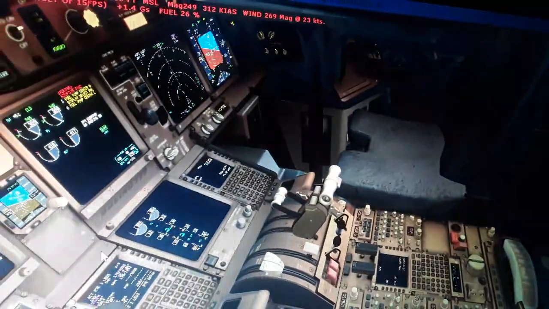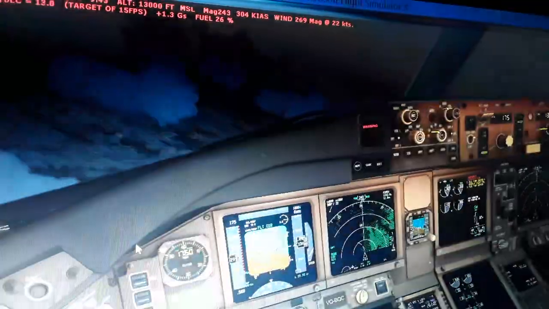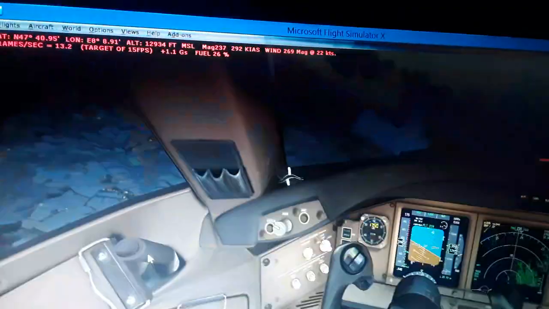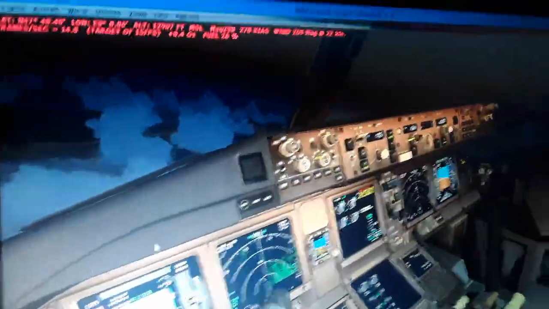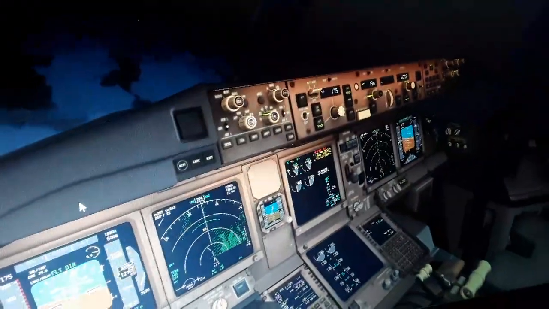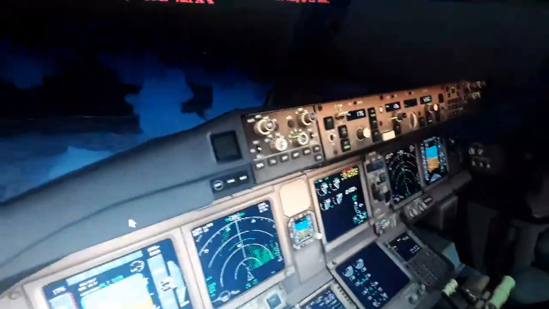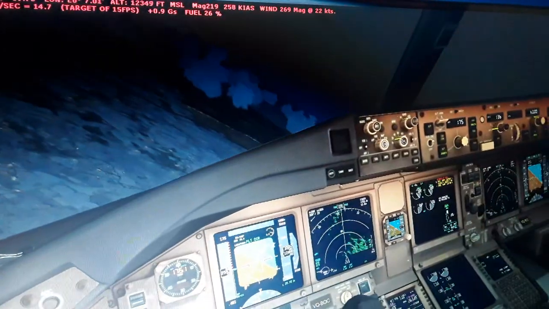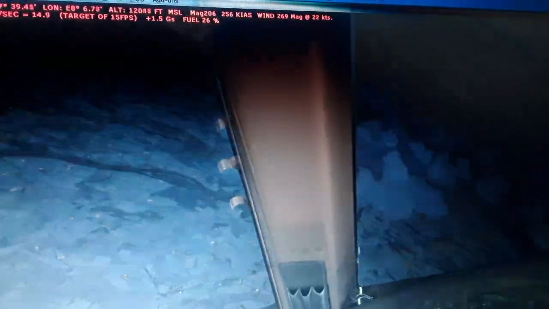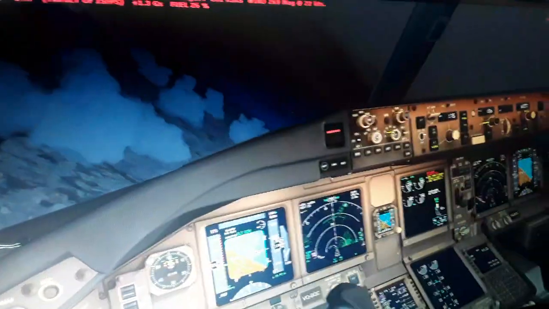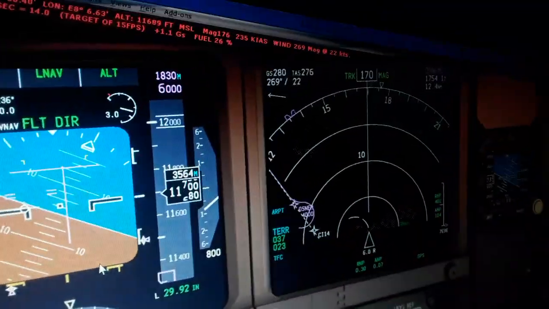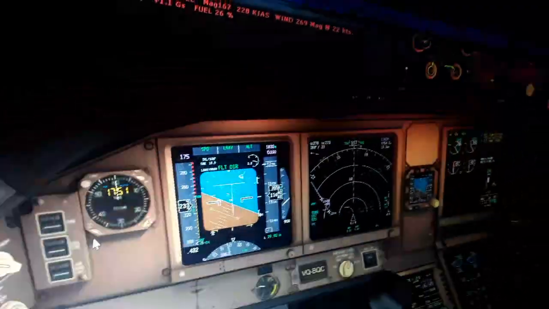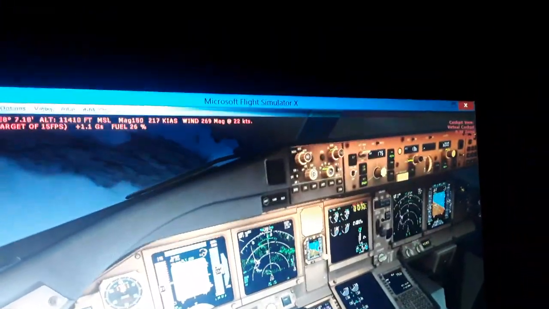We're gonna make some flaps. Need to slow down as we're descending. So we need to turn into the direction of the airport over here. Having the direction over here in the map. So we are at 11,000 feet. Keep descending.